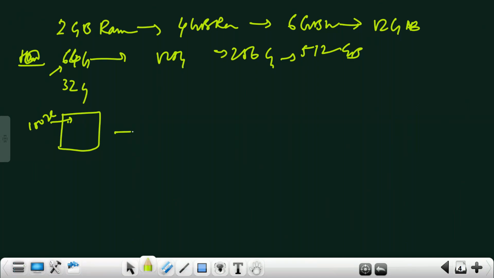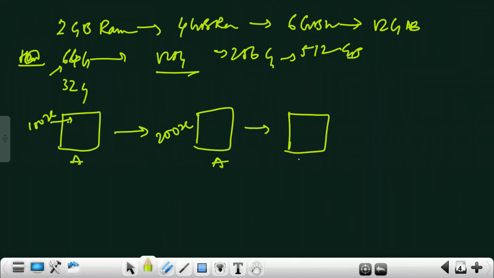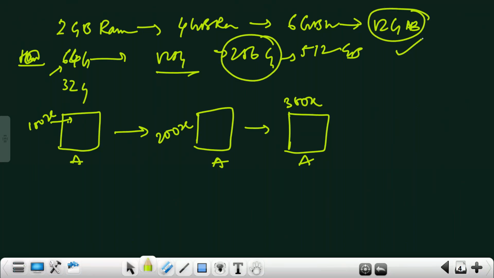For 128 GB, you might require 200x transistors. The area is not changing, right? For 256 GB, you will require 300x transistors. The more complex the design, the higher the number, and it requires more memory elements.